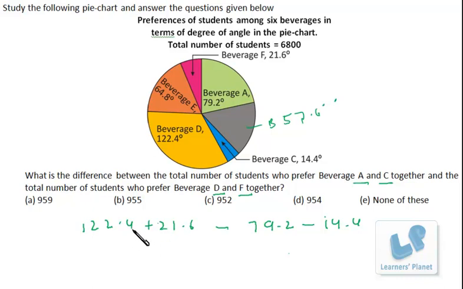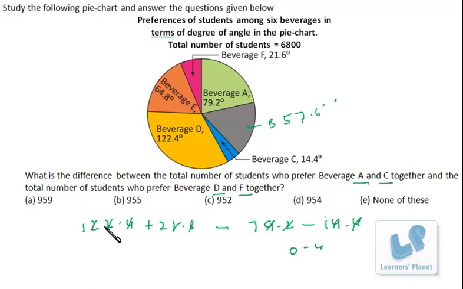So let's calculate it. So it's positive 4, negative 4, 0.4 is cancelled. 0.6 minus 0.2, that is 0.4, right? Now 2 plus 1, 3, 3 minus 9 is minus 6, minus 6 minus 4 is minus 10. I put 0 and I have negative 1 with me.